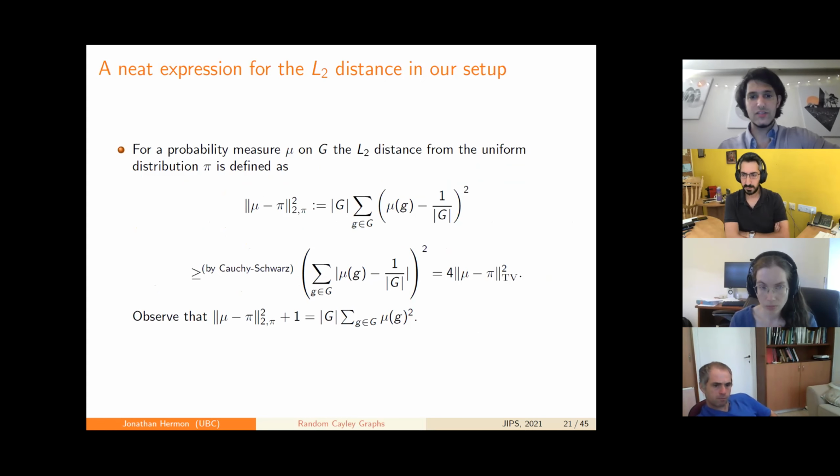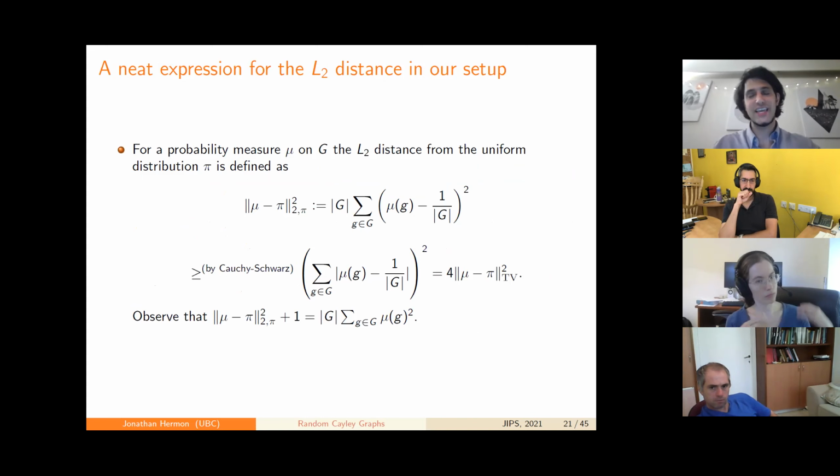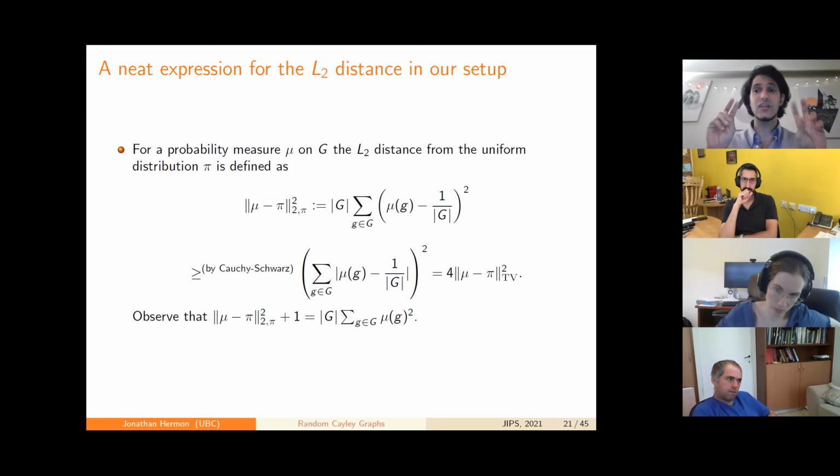Okay, the next thing I need in preparation is to discuss L2 distances. It's often nicer to work with second moments, or in our case here, L2 distance, instead of total variation distance, which is essentially L1 distance.